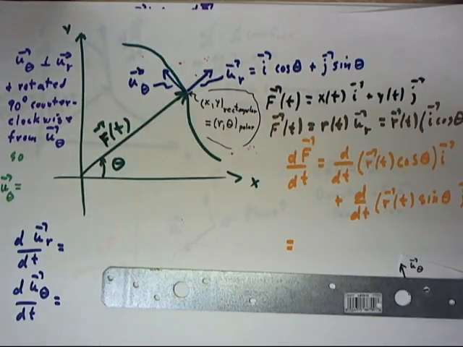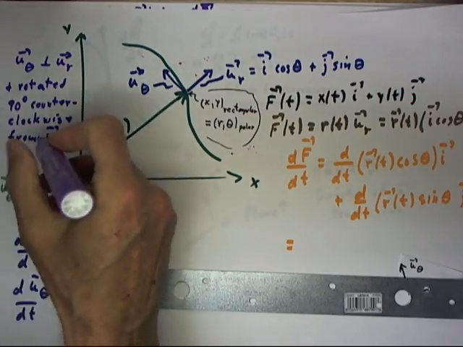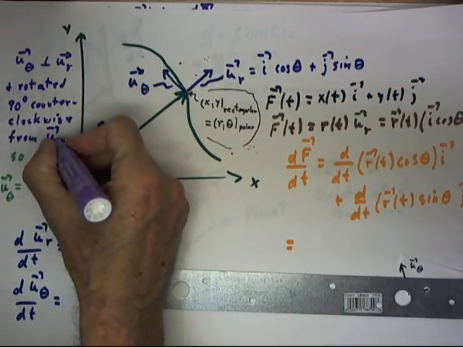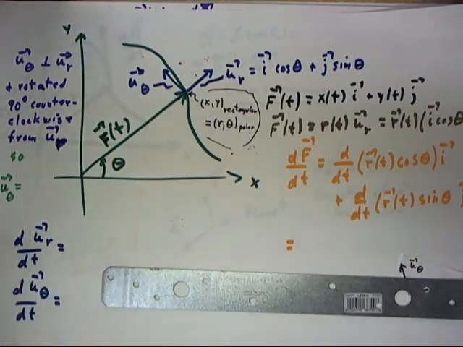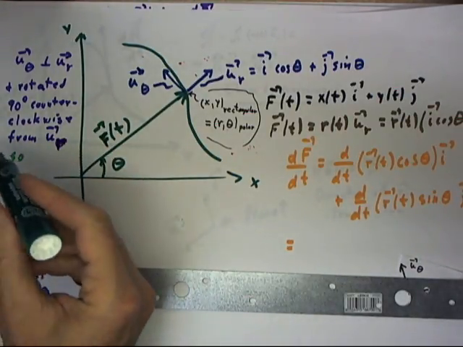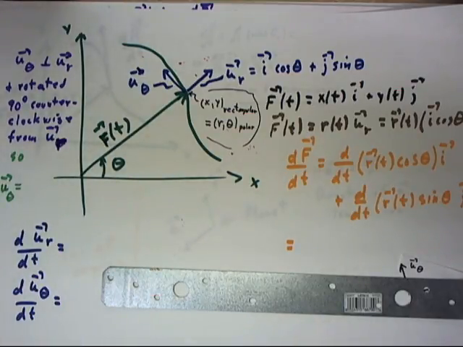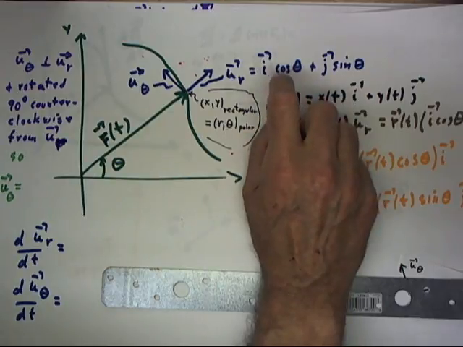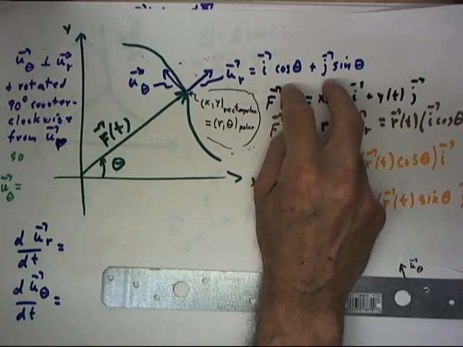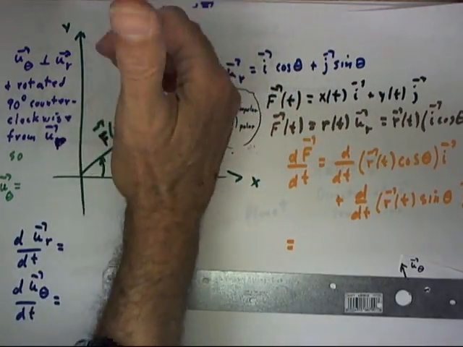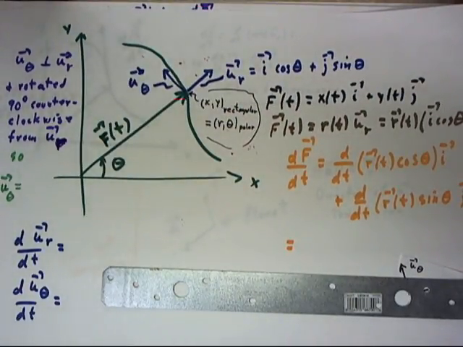I was thinking ahead, I called that u theta, so let's change that theta to an r. Okay? So that u_theta, if we think about it, has to be perpendicular to u_r. Its dot product with i cosine theta plus j sine theta has to be 0, and its magnitude has to be 1. And it has to be rotated in the right-handed sense.